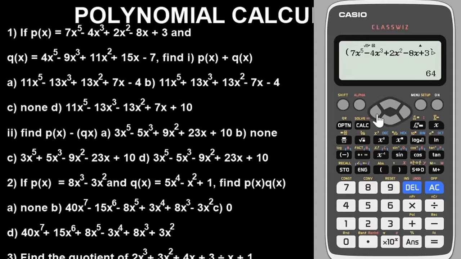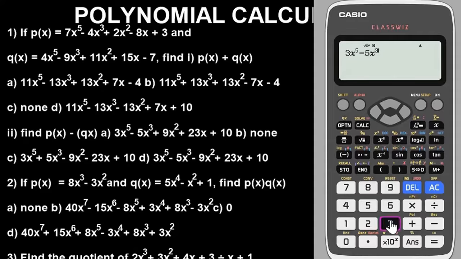Now let's quickly check option A. What's option A? It says 3x alpha x raised to the power 5, minus 5x cubed.